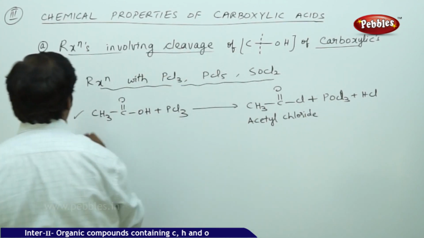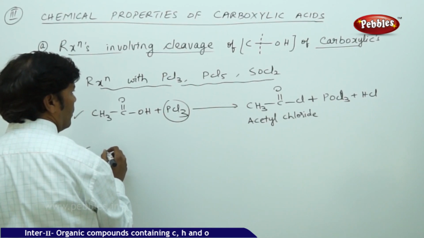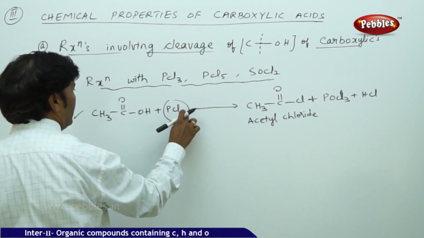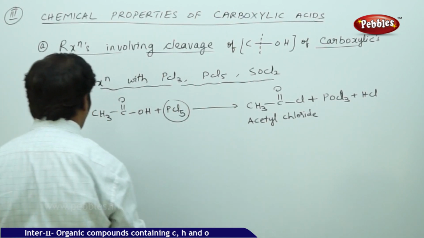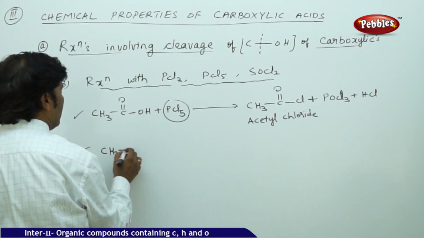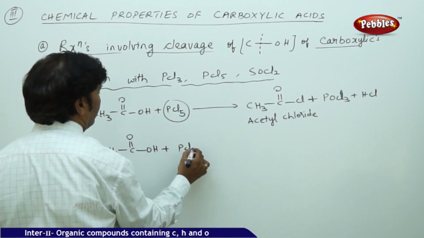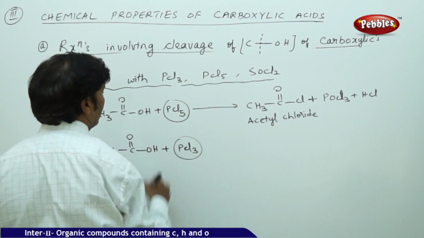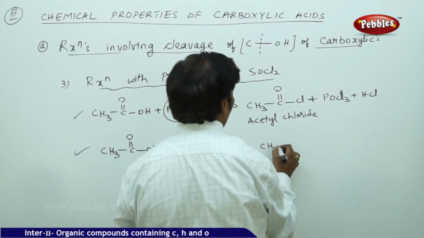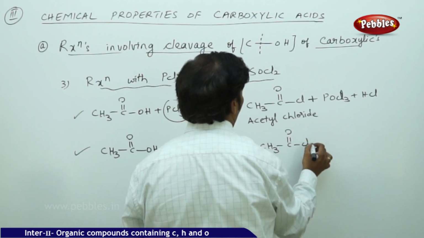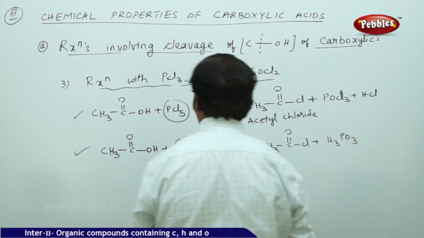Again, go for the next case. So PCl5 is over. Now go for PCl3, CH3-C(=O)-OH plus PCl3. If you take this, then you get CH3COCl plus H3PO3.